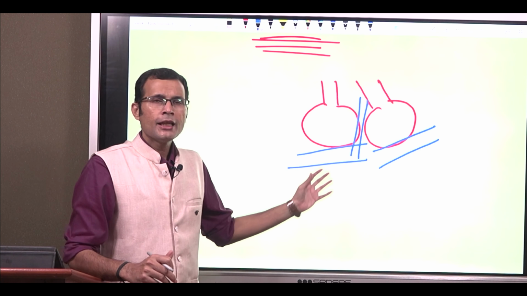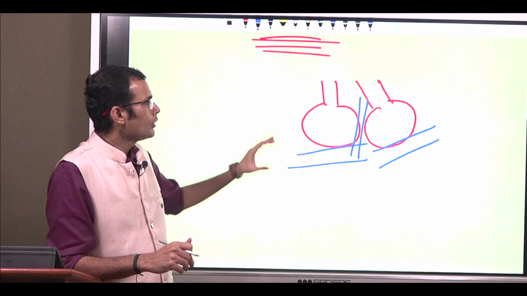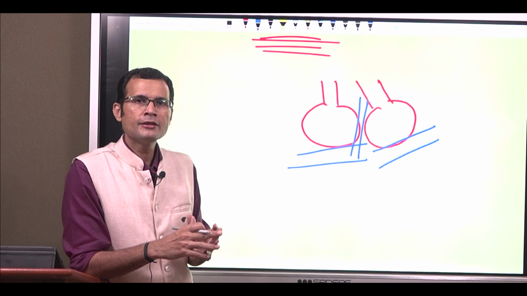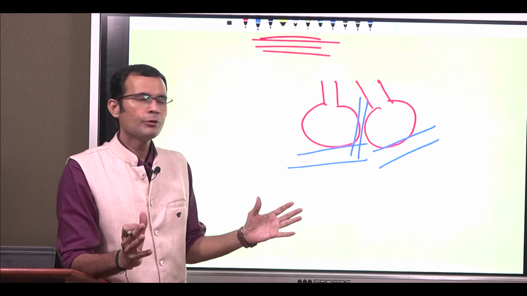If a person takes a deep forceful inspiration, the alveoli will distend maximally with air.